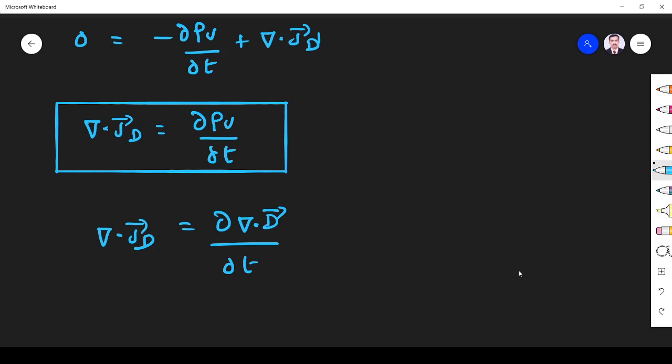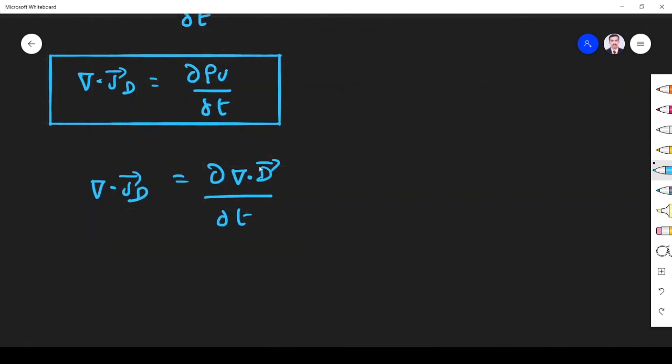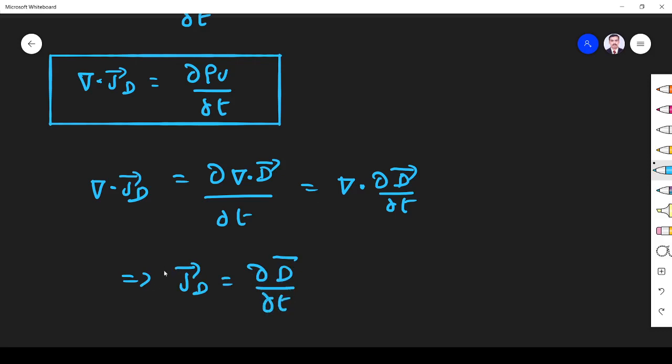So then we can take del outside, that is equal to del dot dou D by dou T. Yes or no? So instead of rho V, we can substitute del dot D, as per Gauss law, and take del dot dou D by dou T. So del dot JD. This implies JD is equal to dou D by dou T.